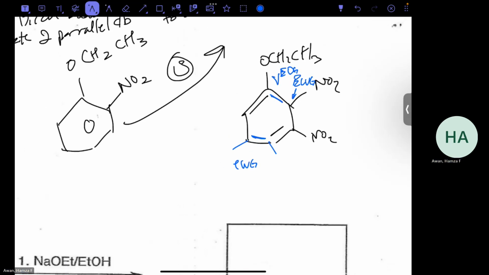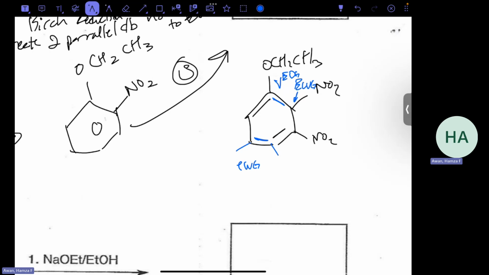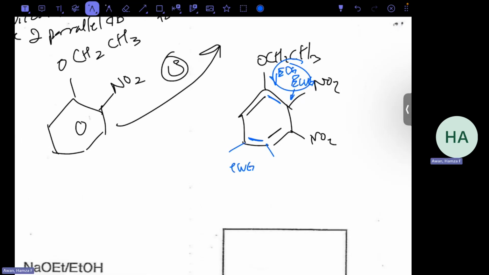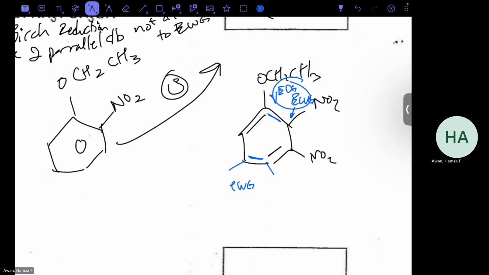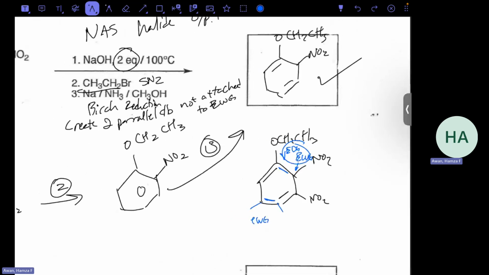So I think the black might be better, just because I don't know if you can even do this at all, but I think the blue could be possible, but definitely not like this. Definitely not, because you're just touching two electron withdrawing groups.